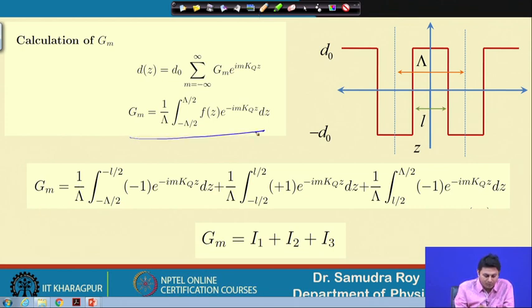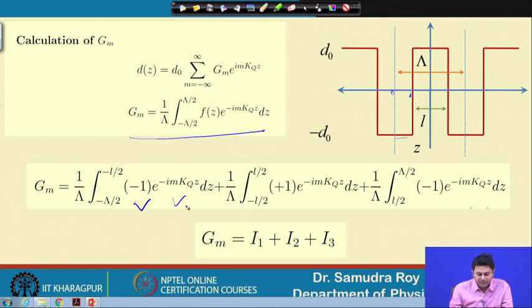So, we will integrate part by part. First we integrate from this point to this point, which is minus lambda by 2 to minus L by 2. The value here is minus 1, because I have already put d0 outside. So, the function here is basically minus 1, so we put minus 1 times e to the power i m kz z.